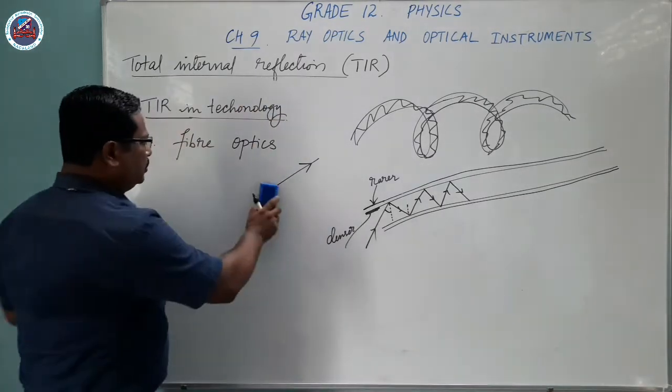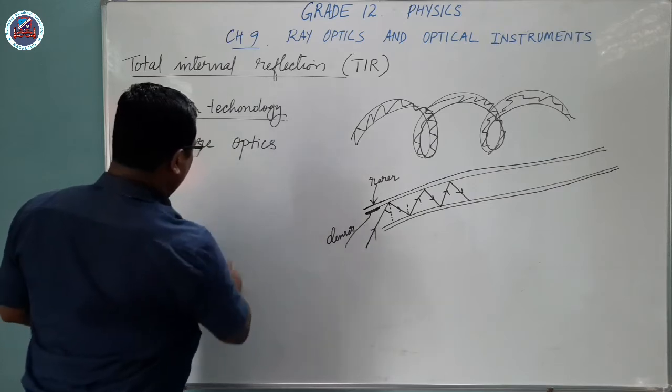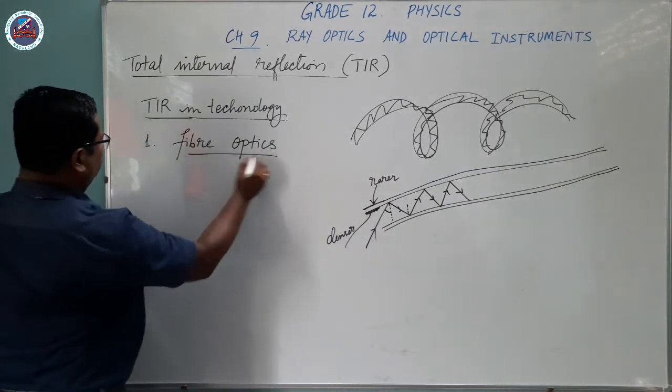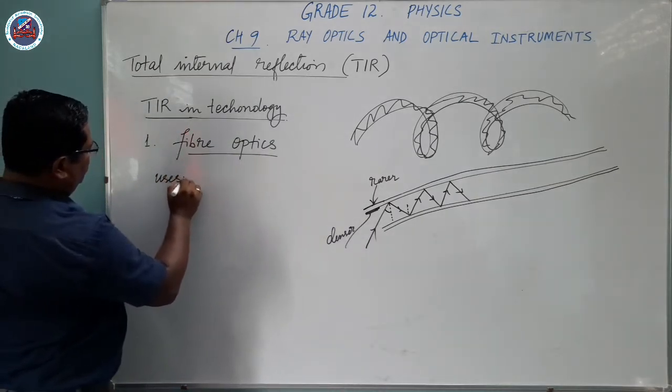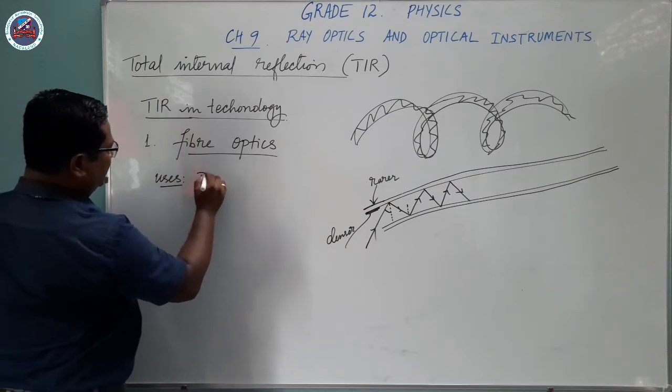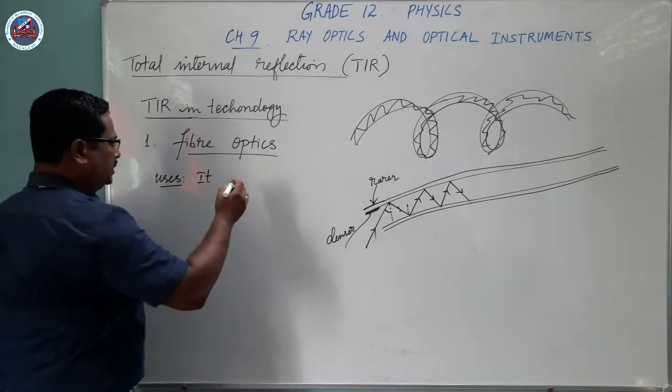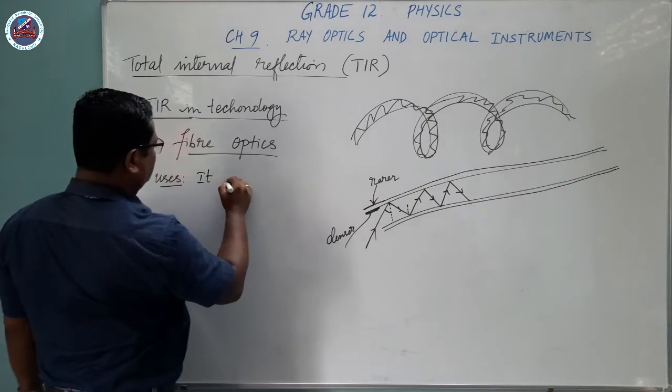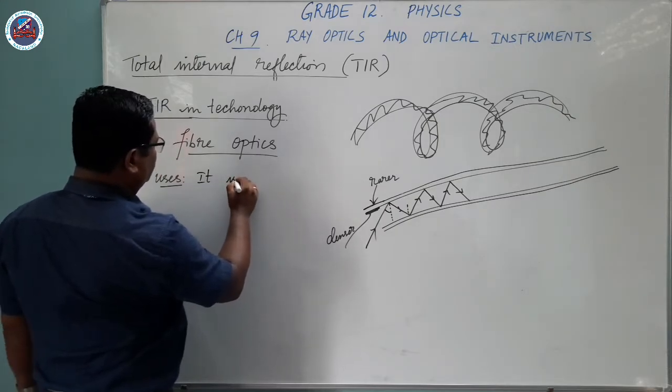Now let us see some uses of fiber optics, optical fiber. It is used in sending signals as well as light.